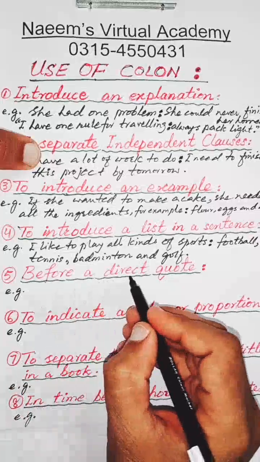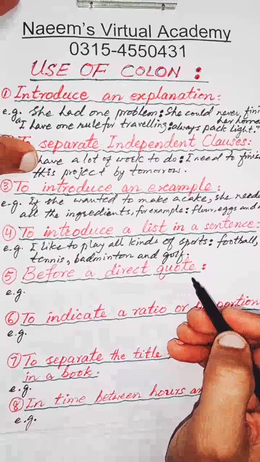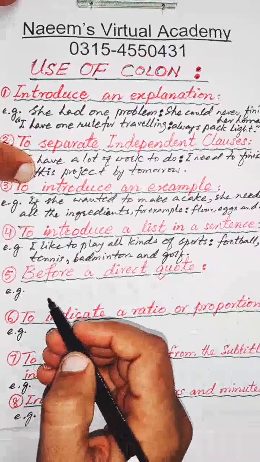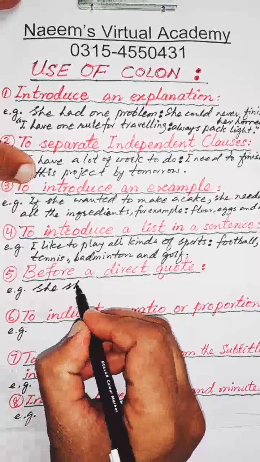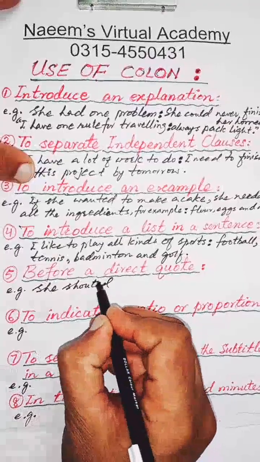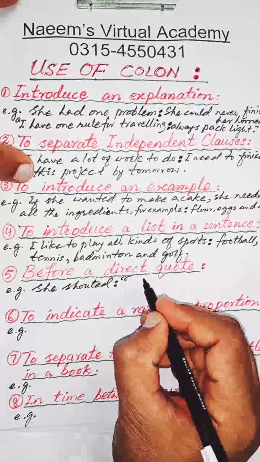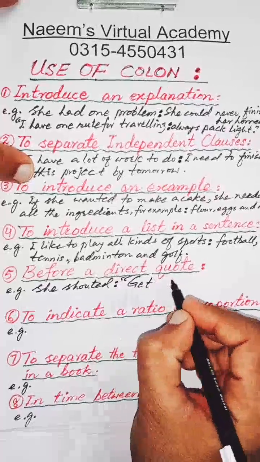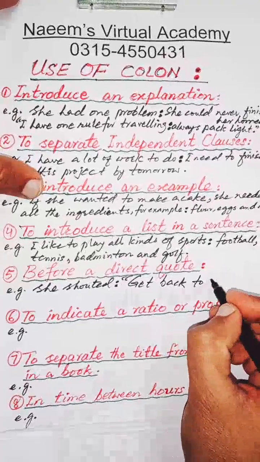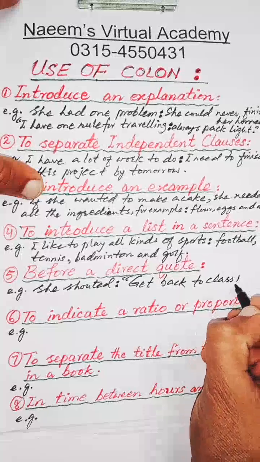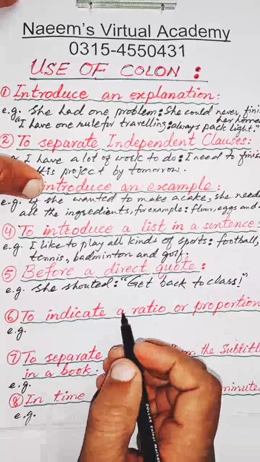Use number 5 is before a direct quote. Means instead of comma you can also place a colon. For example, she shouted: Get back to your classes. So she was angry, and it is her direct quote, right?